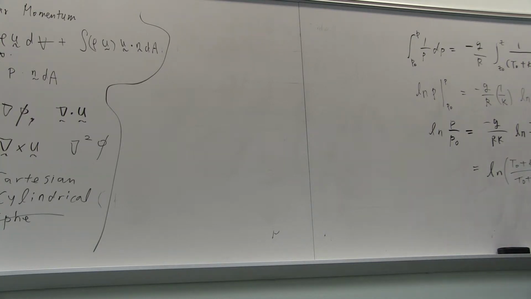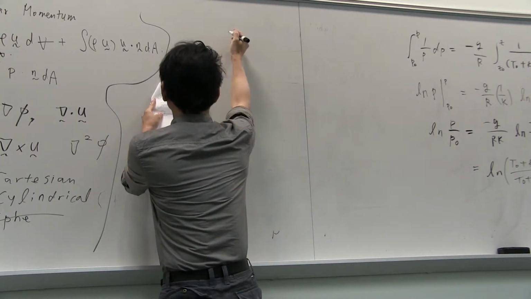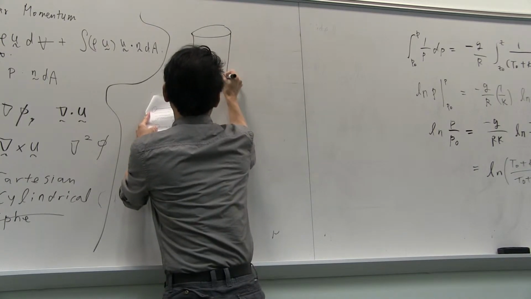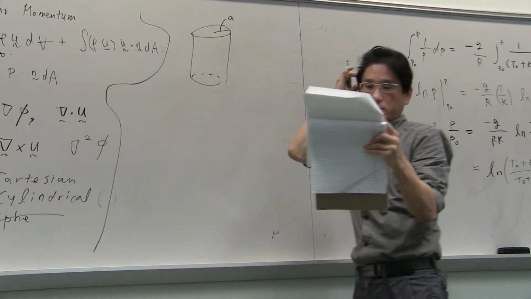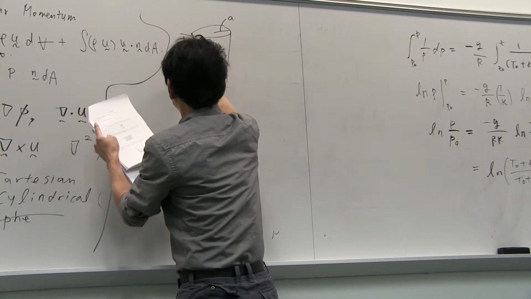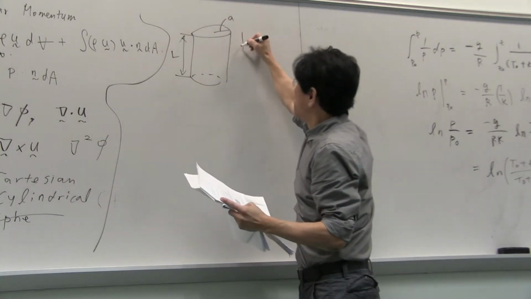Okay, now the next question is, you have a cylinder with the radius a, and the height is L. Now you have this as the y direction.